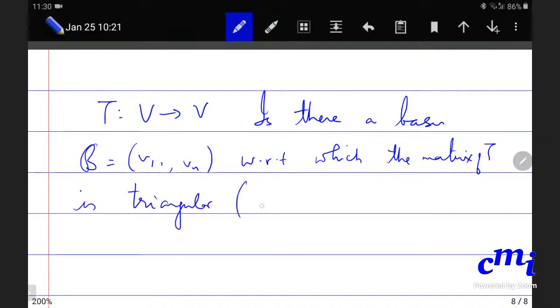By this I mean upper or lower triangular.